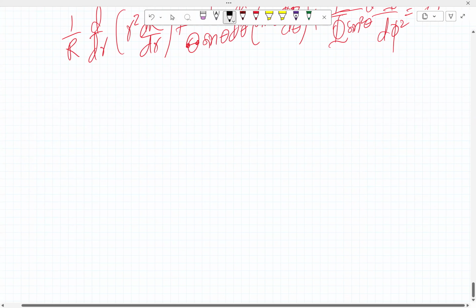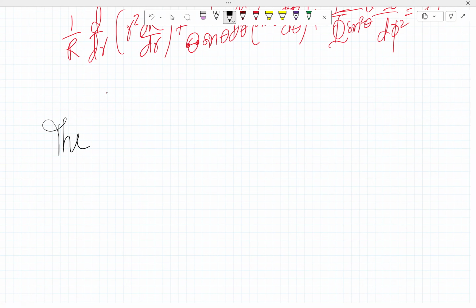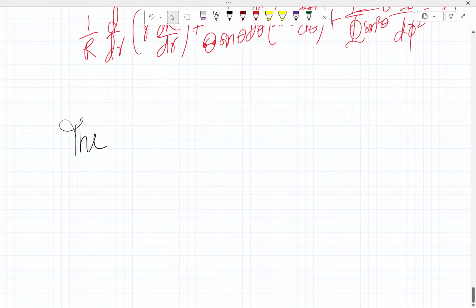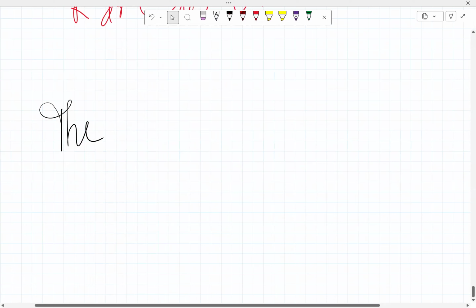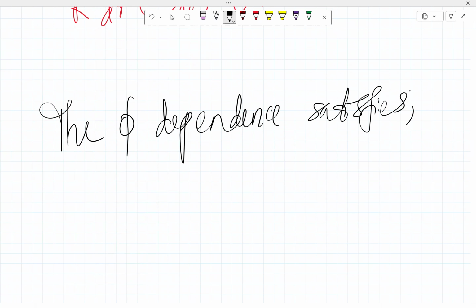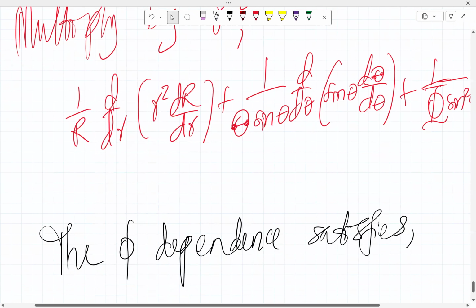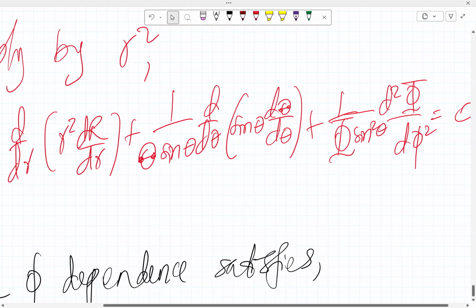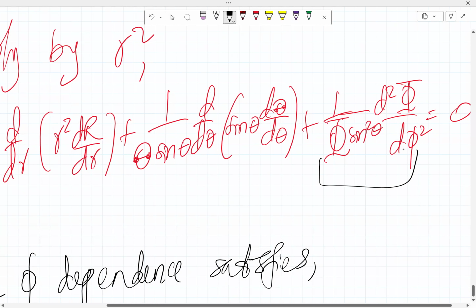So step 3, we separate the phi equation. The phi dependence satisfies, so where do we have the phi thing now? That's this part.